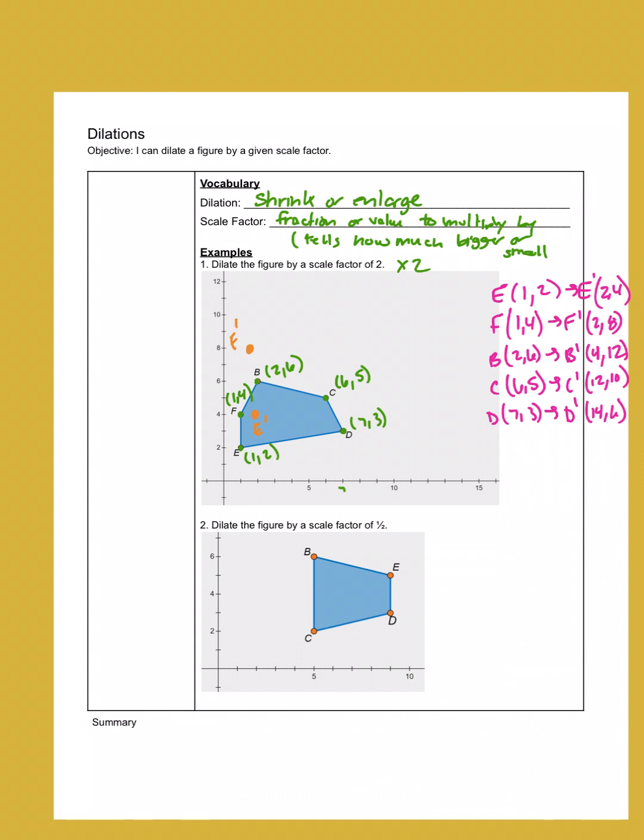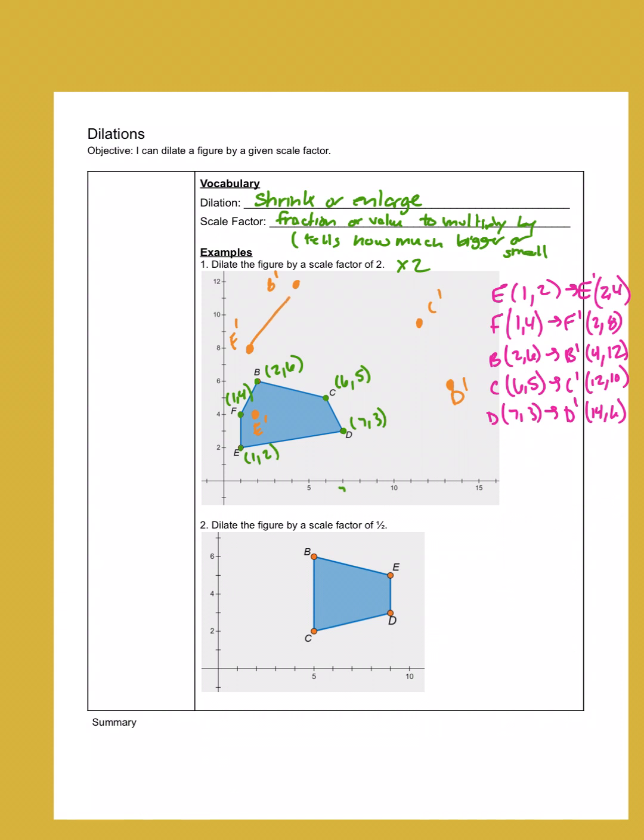B prime is at 4, 12. And that was B prime. C prime is at 12, 10. So go over 12 on the X and up to 10 on the Y. That's C prime. And D prime is at 14, 6. And that's D prime.